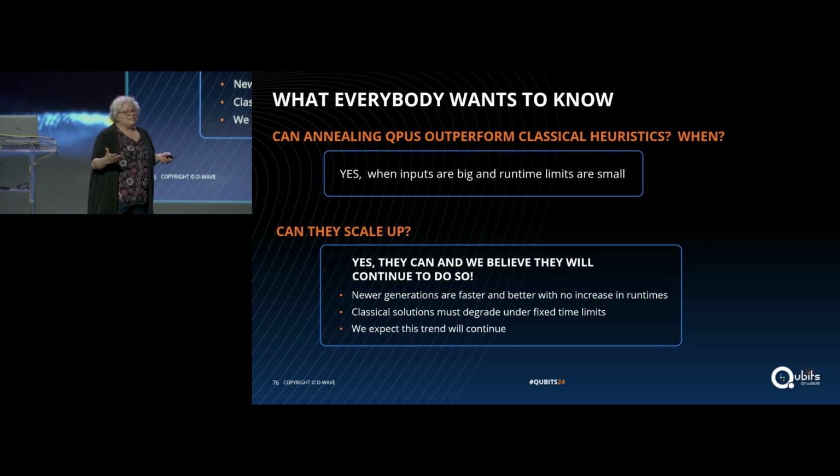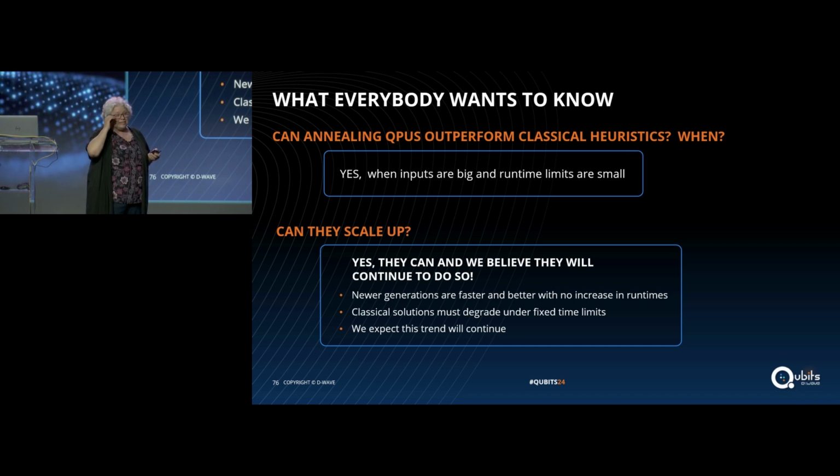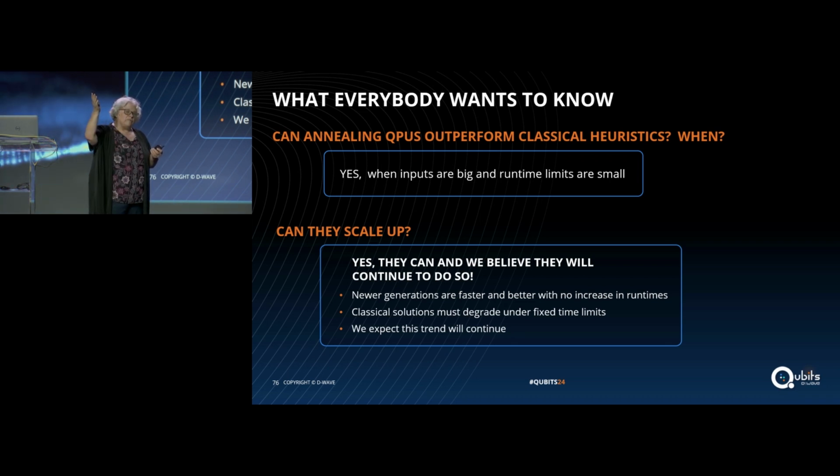That's because the newer generations are faster and they're better, and you don't need any increase in annealing time, apparently, to make that happen. I've got reasons for that, and I can explain why that is. And the classical solutions, you give them the same runtime and bigger problems to solve, their solution quality's got to degrade.